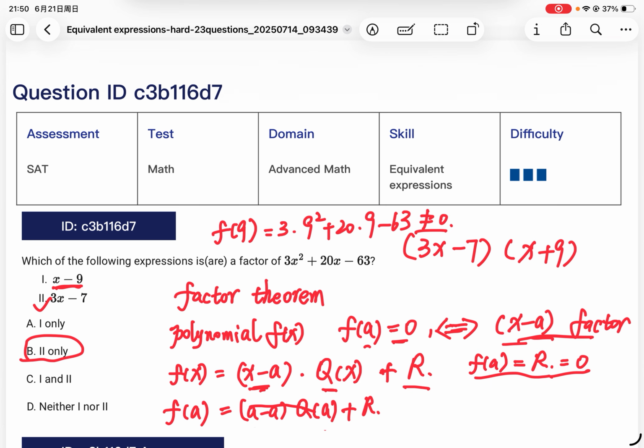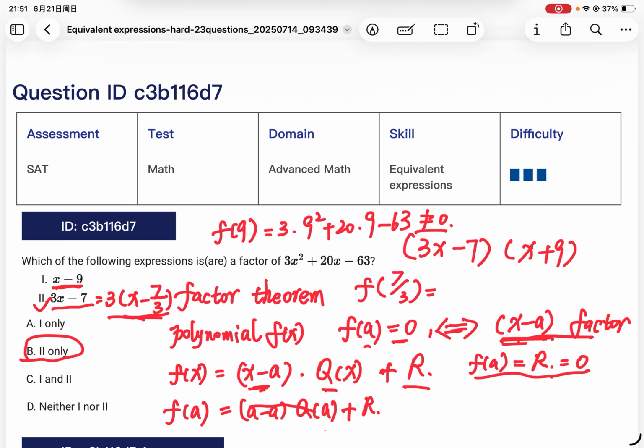We should do the same thing for 3x minus 7. Since this is 3, it doesn't really matter. We write it as 3 times x minus 7 over 3, so now we get the x minus a form. We should plug in the number 7 over 3 into the polynomial, which is f(7/3).